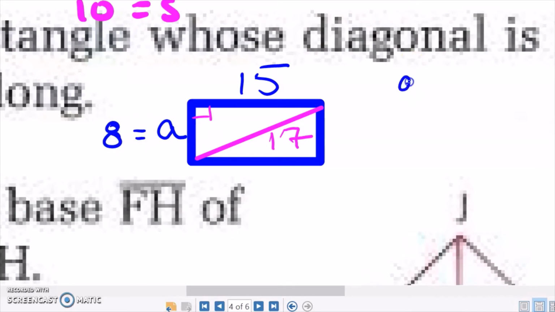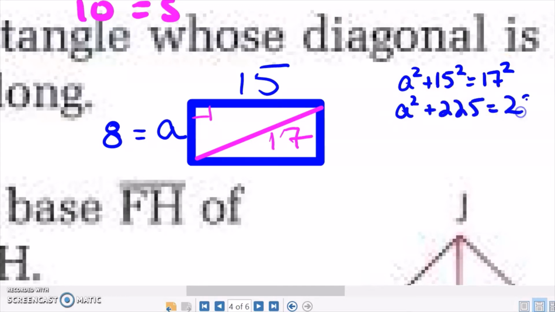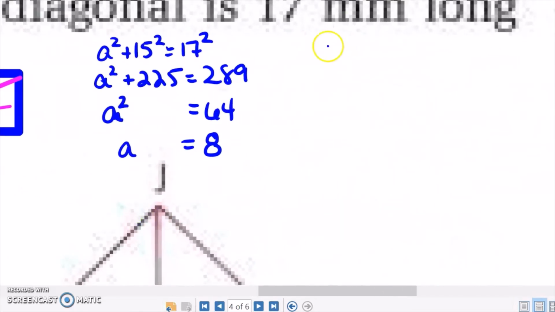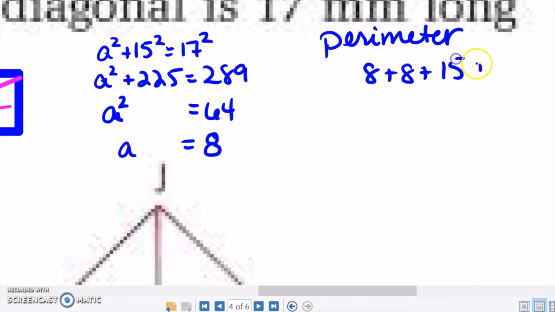Or you could do a squared plus 15 squared equals 17 squared. And then they asked me for the perimeter again. So the perimeter is the sum of all the sides. So 16 and 30 is 46.